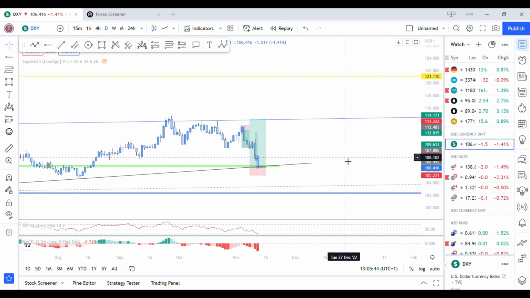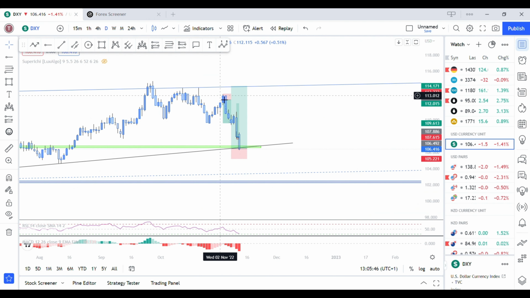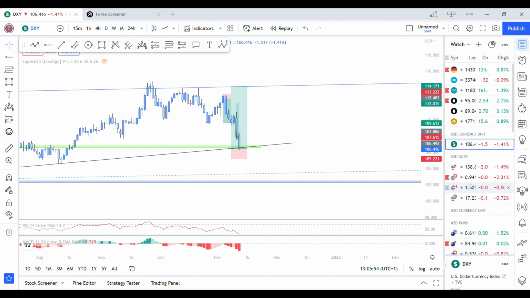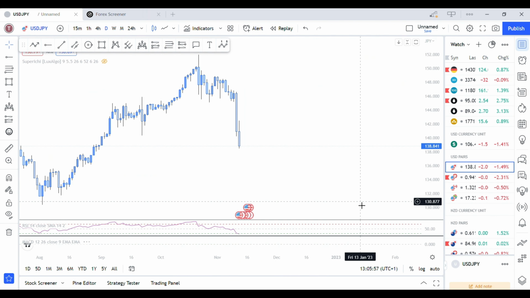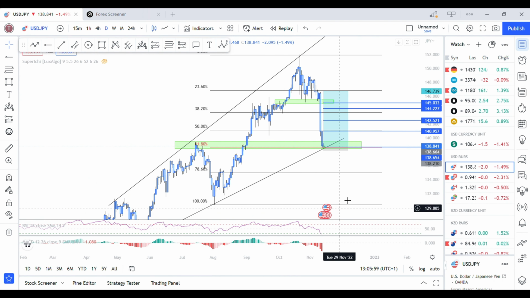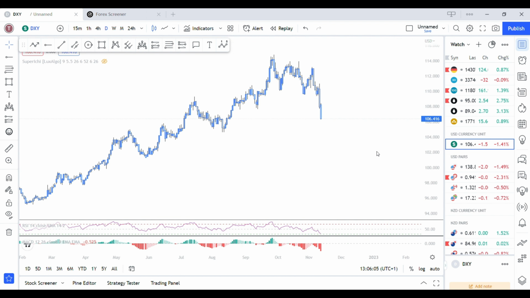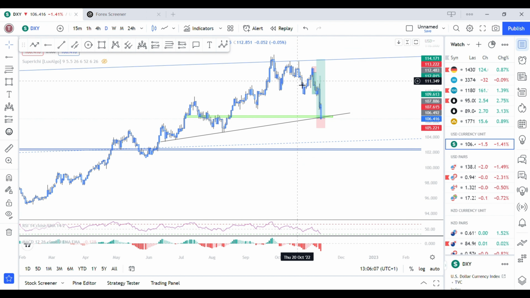Let's confirm this. So can we see how it's been bearish for some time? From Friday, the 24th of November, it's been bearish. Now let's go to the USDJPY and confirm this. Let's have a double look here. Actually, this would be a better one.